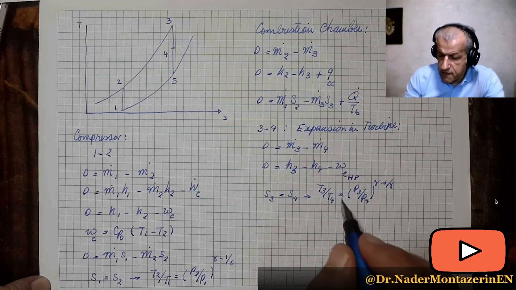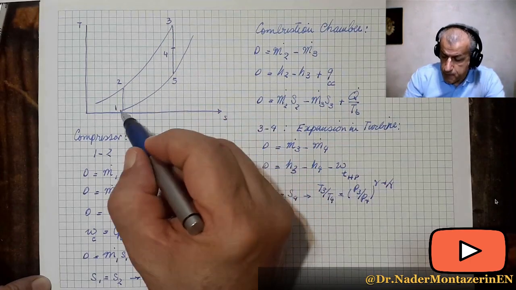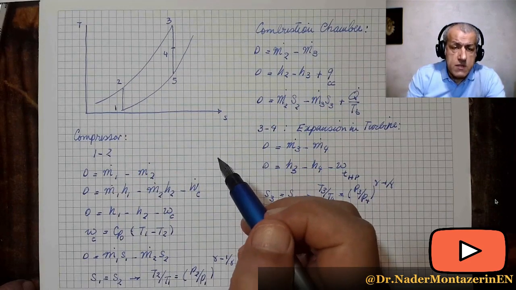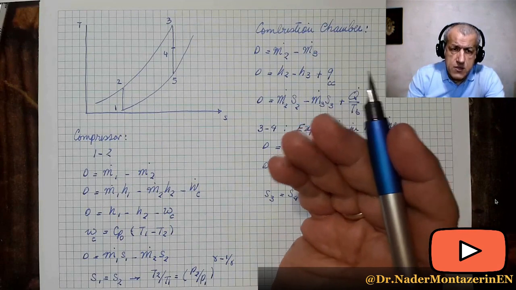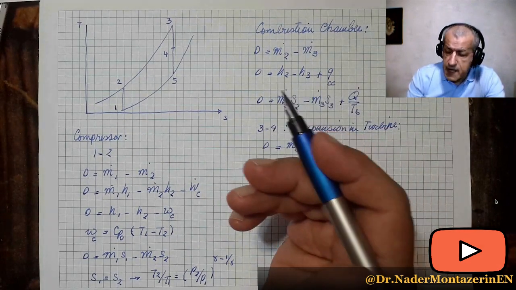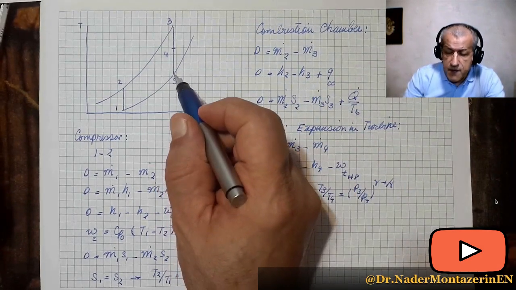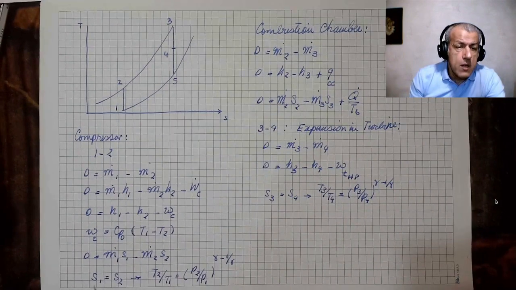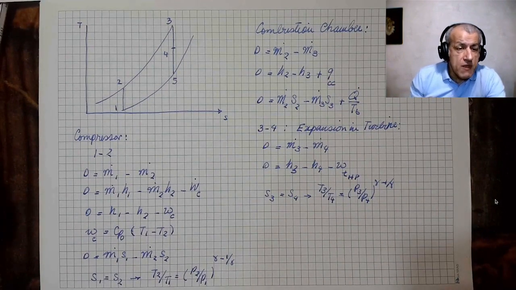We may write a very similar equation for process 5-1, but in most gas turbines, in fact, almost every gas turbine, the air from 5 is thrown away and fresh air comes in from 1. So, in fact, we usually don't take that into account.